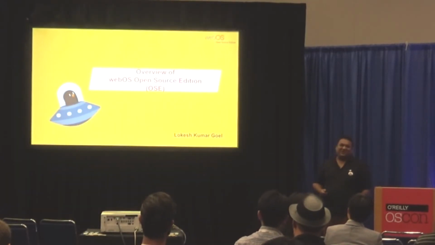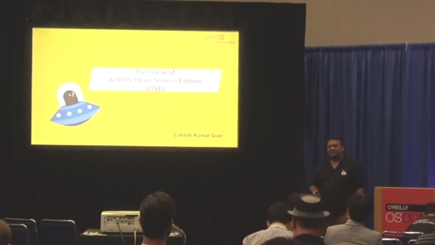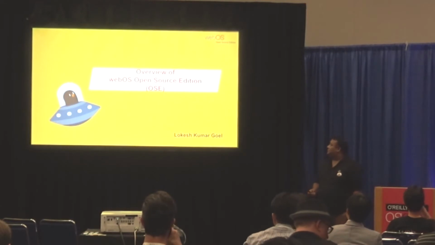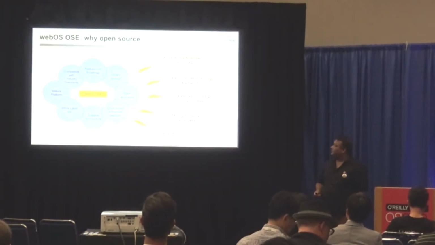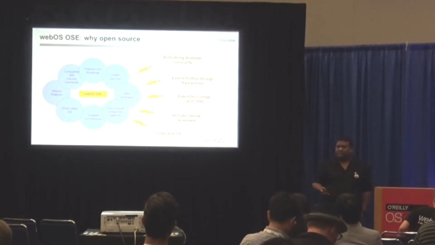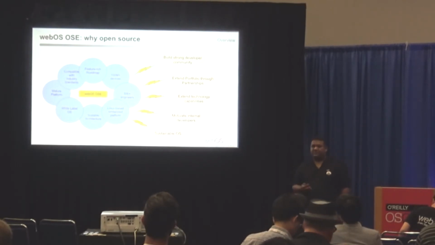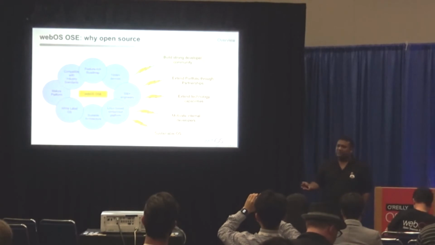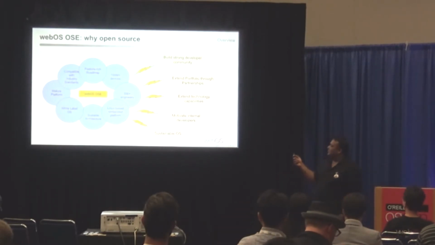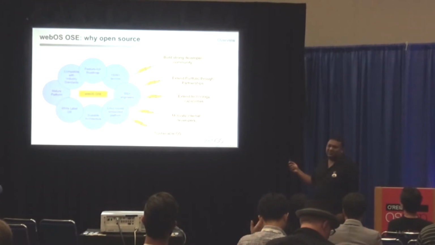Yeah, here I'm going to talk in a little more detail on why open source, what we open sourced, and how it's useful for everyone. So let me give you an overview of why we open sourced. As was mentioned, webOS attracted LG, a big company. The first open source release from HP attracted LG, and it actually went on millions of devices. It got 400 or 500 plus engineers working on it.